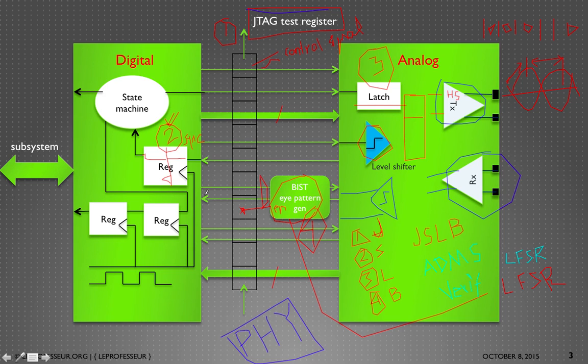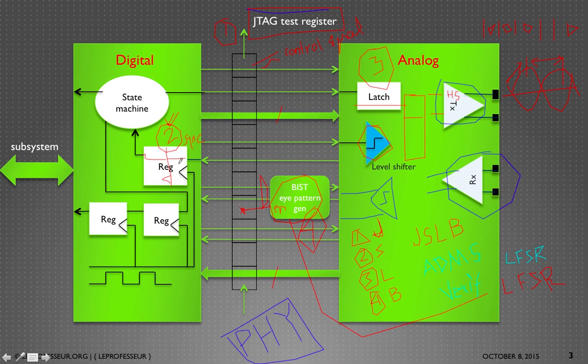So always remember these 4 things: JSLB. JTAG at the interface, putting the control signals, select signals in data if you want to. Otherwise, control signals must be in the JTAG test register so that you can observe those signals when the chip is testing.